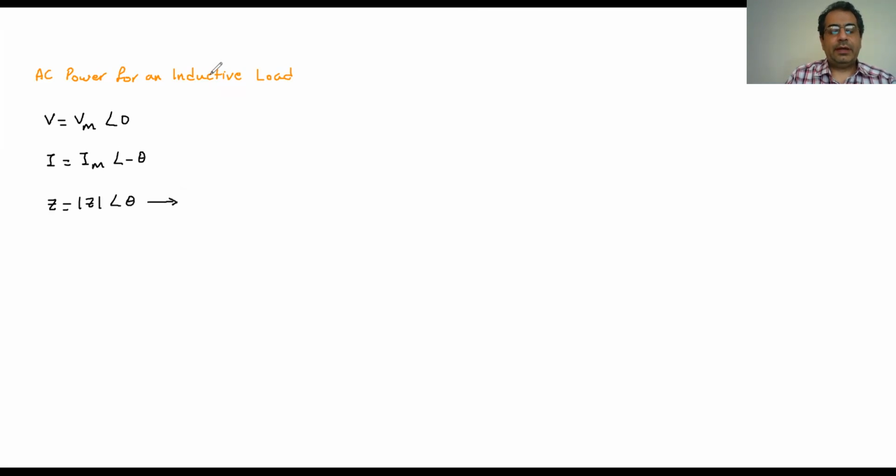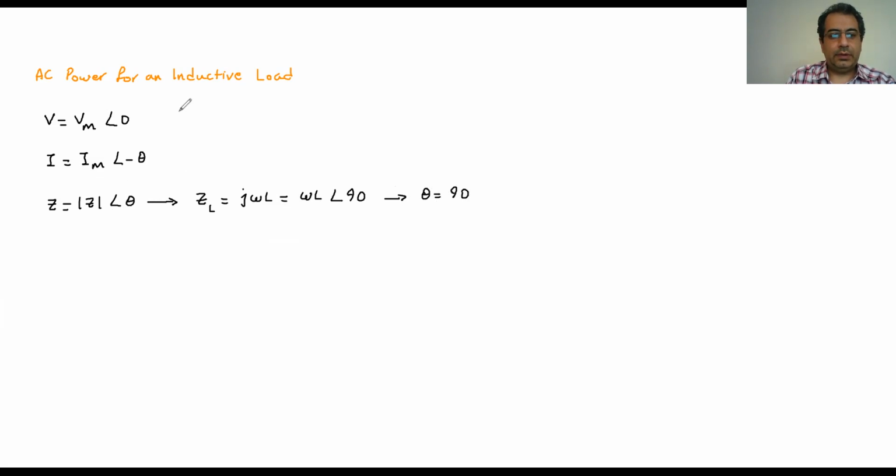Because we have only inductance, ZL is going to be j omega L, or in other words, omega L with angle of 90. If I compare this with this one, then I know that theta is 90 degrees.